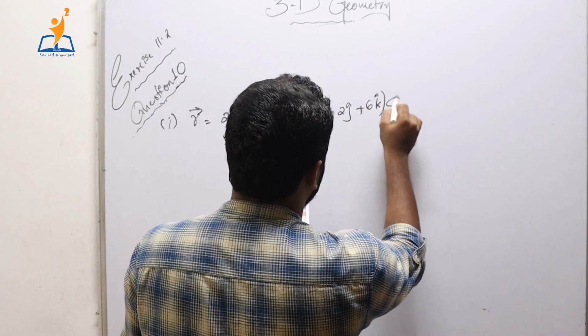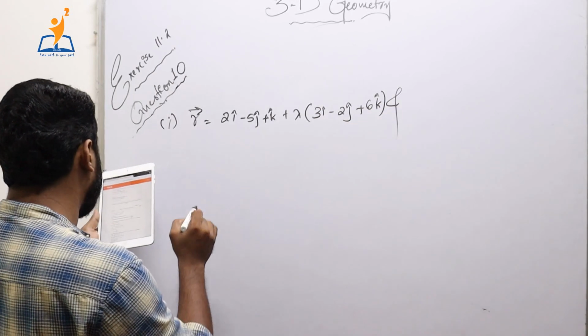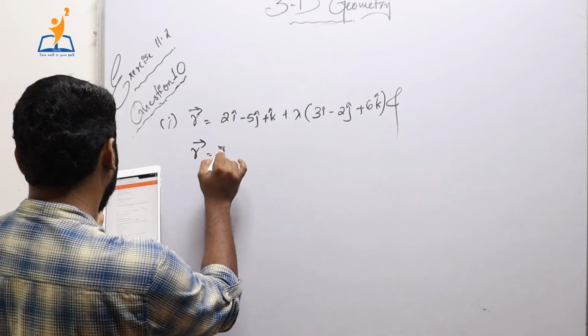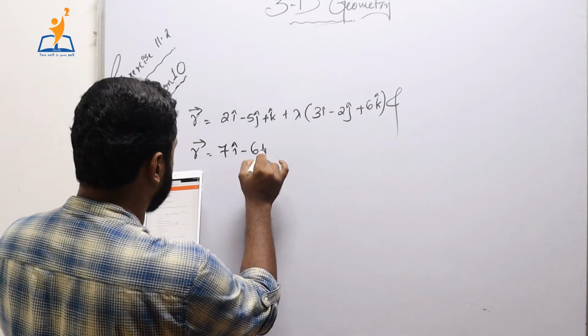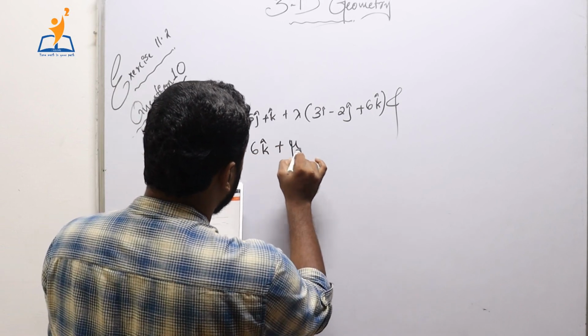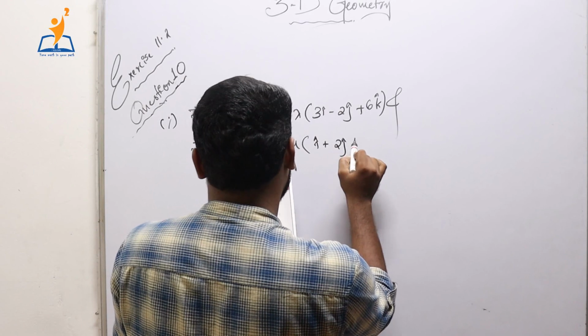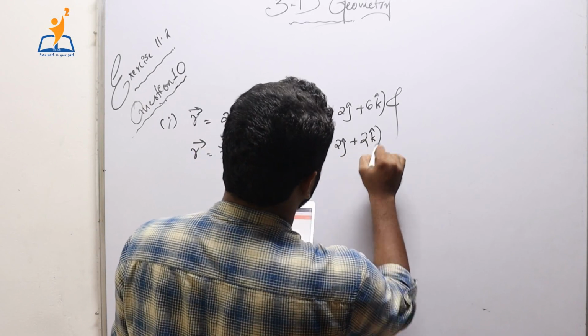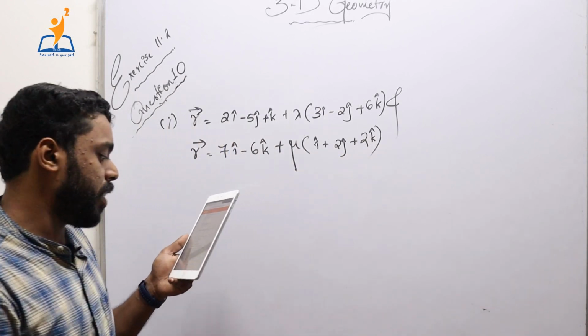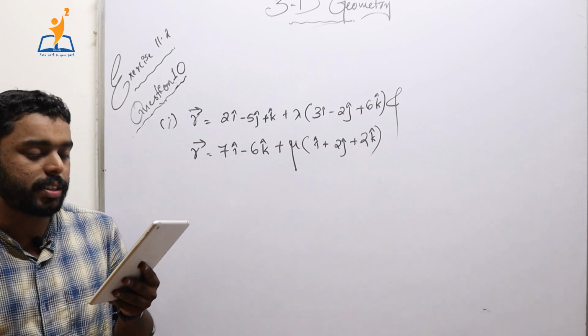This is the first line, and the second one is r is equal to 7i cap minus 6k cap plus mu into (i cap plus 2j cap plus 2k cap). So this is the first pair of lines, and we have to find the angle between these two lines.